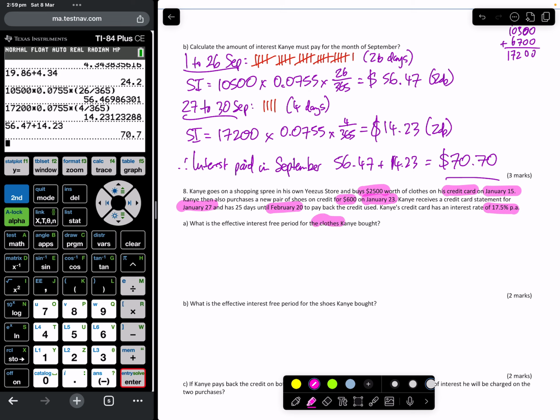So we're doing the clothes right now that Kanye bought. So clothes. Jan 15. Feb 20 to pay back.